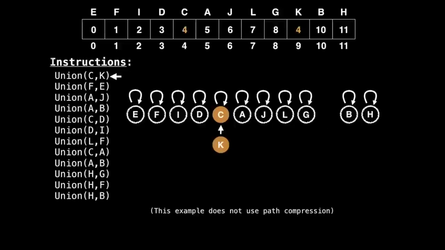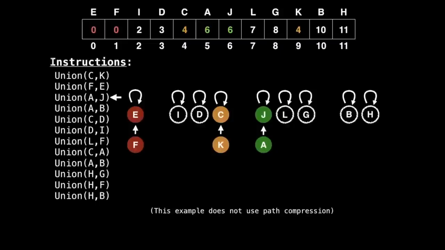And I chose that K's parent is going to be C. So now at index 9, which is K's position, I'm going to put a 4, because I know that C is a 4. Next, F and E, we're going to do a similar type of thing, and I'm going to say that F's parent is going to be E. So at F's position, which is 1, I'm going to put a 0, because E is 0. Similar thing for A and J.